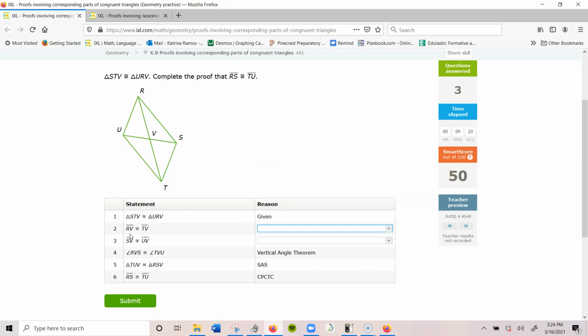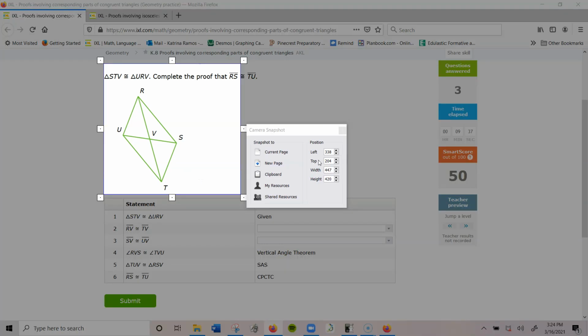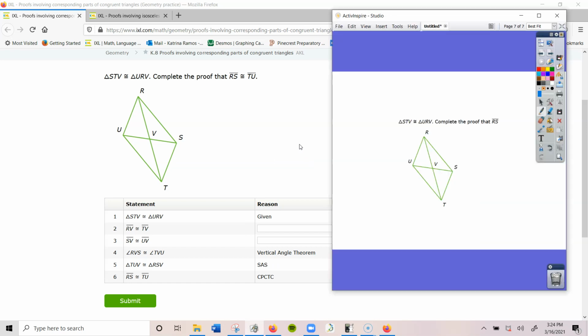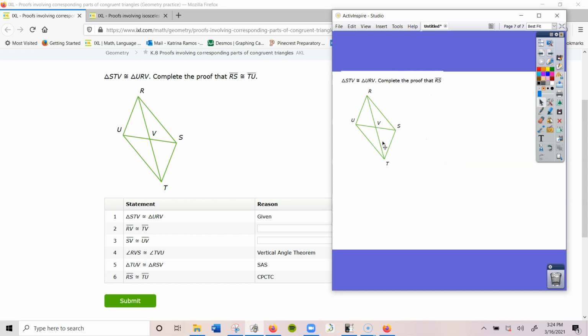Okay? Now here we have that RV is congruent to TV. Now it says here that the triangles STV, so let me just get a picture of this here. Now I'm going to draw those two triangles separately just so we can see them.